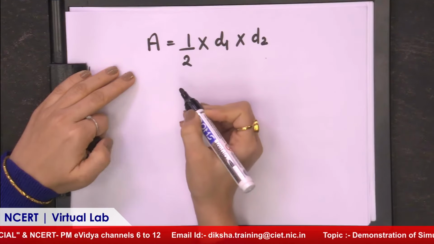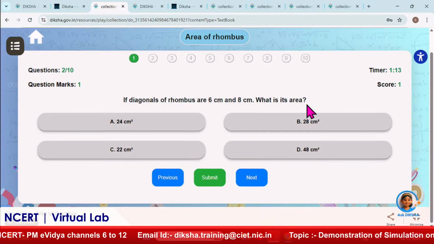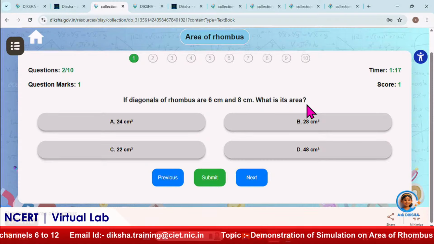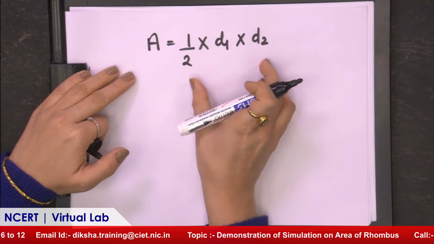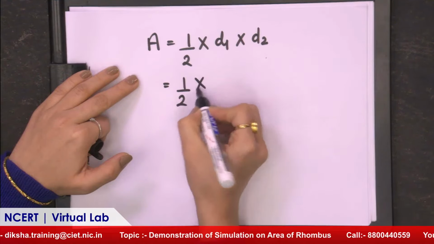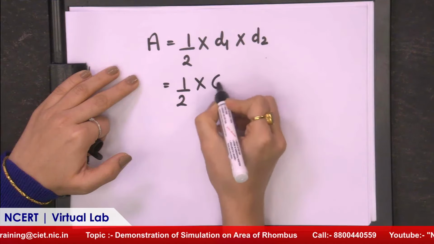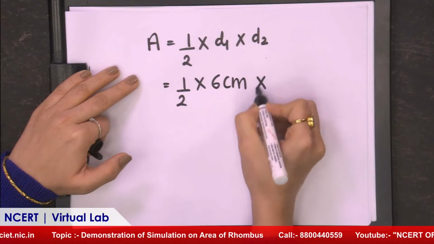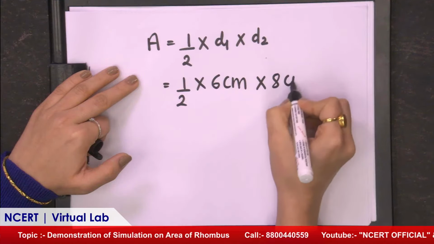In the question, the first diagonal is given as 6 centimeter and the second diagonal is given as 8 centimeter. So we have to put these values in the formula, so 1 by 2 into 6 centimeter into 8 centimeter.